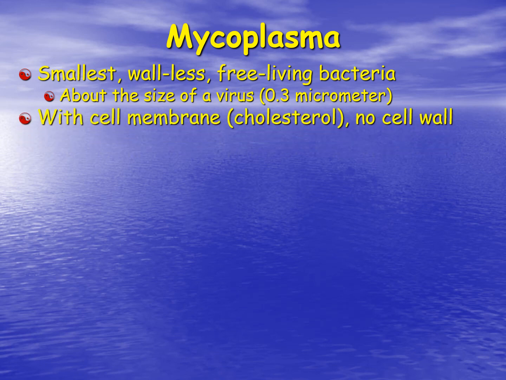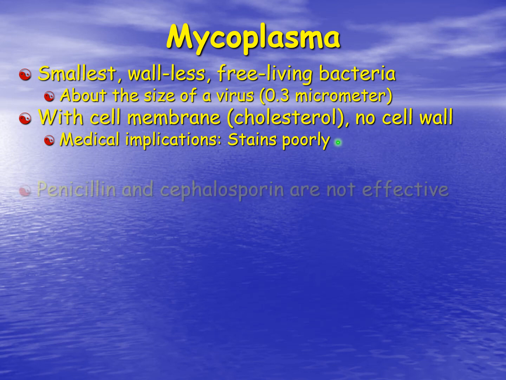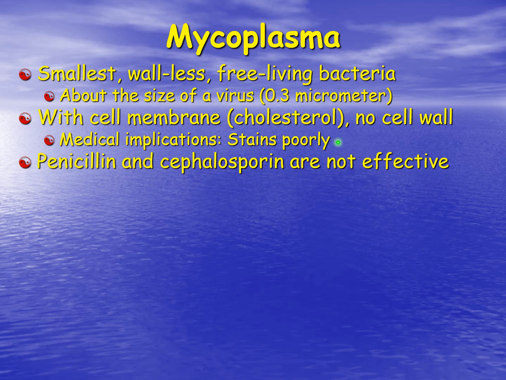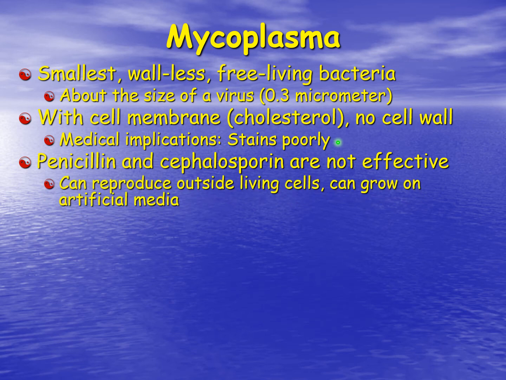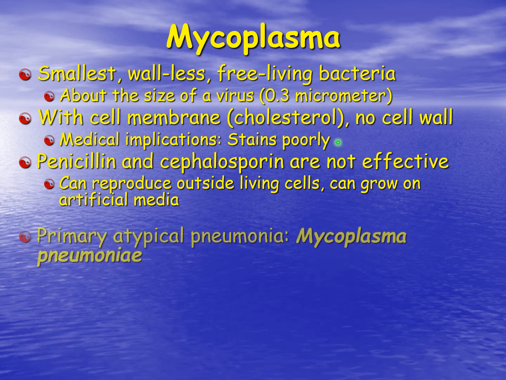They do have a cell membrane that is reinforced with cholesterol. The medical implication is that because they have no cell wall, they stain very poorly. Penicillins and cephalosporins are not effective against these at all. They reproduce outside living cells and can grow on artificial media.